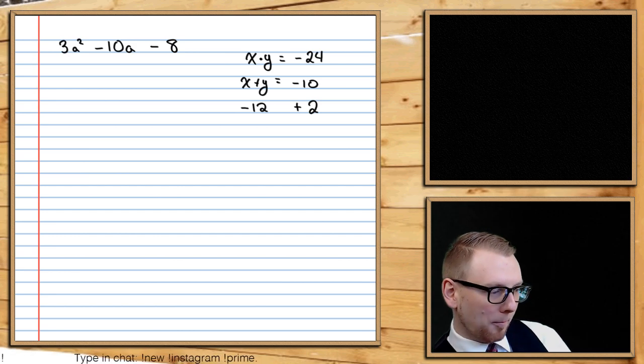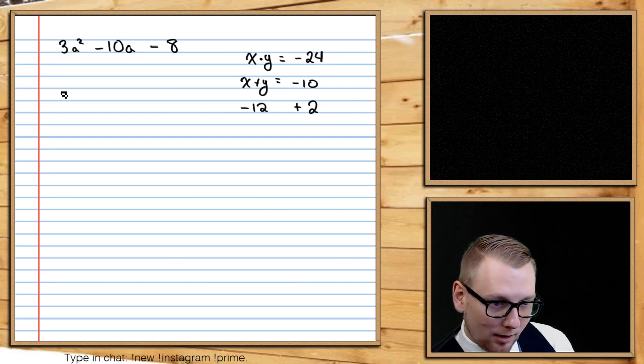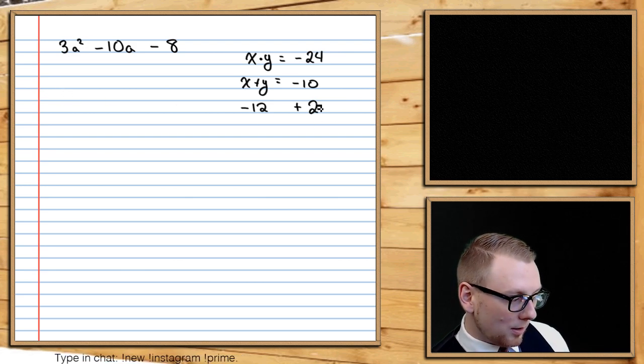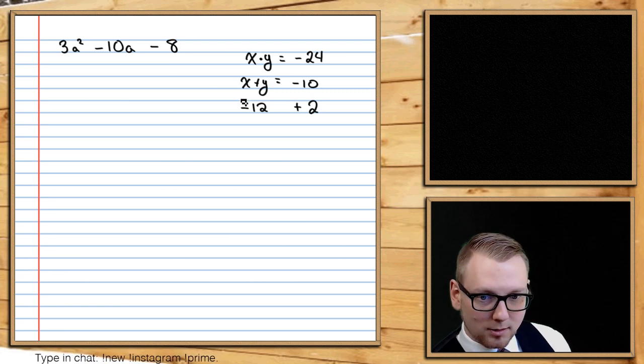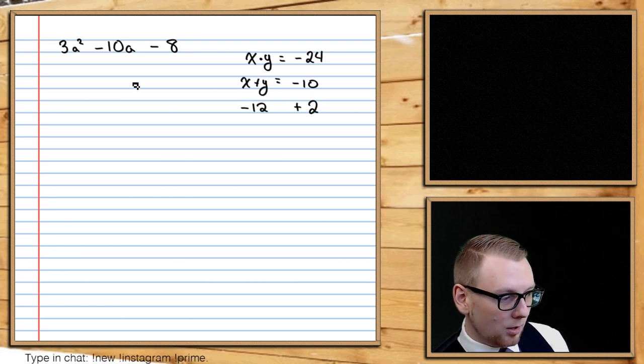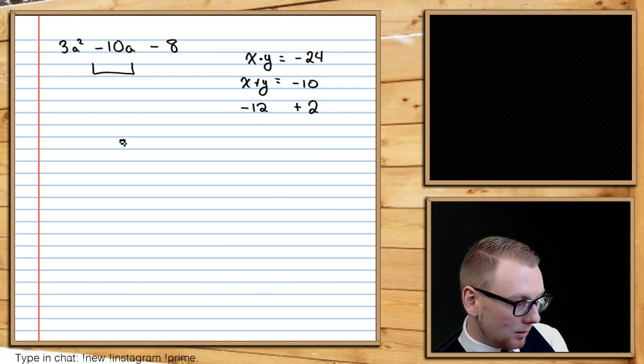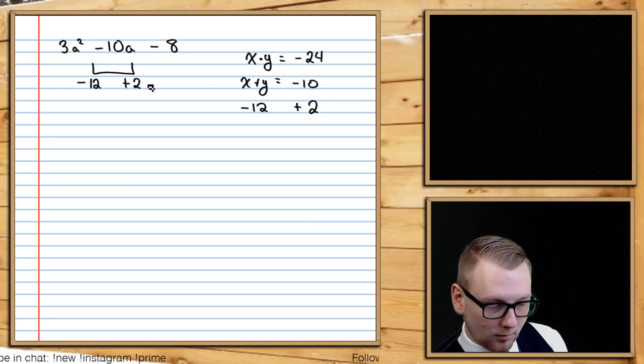Great. Okay. Now, we've got minus 12 and 2. Those are two numbers that add together to give you minus 10. Okay? So this minus 10 is now going to be split up into minus 12 and plus 2.